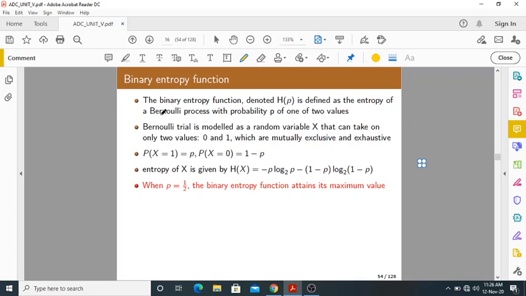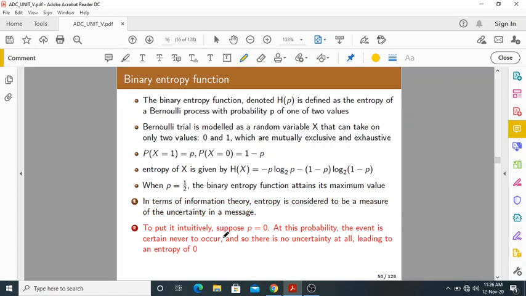Now as I told you in the last class, entropy will be maximum when all the given symbols are equiprobable. Since in the case of this Bernoulli trial we had only two symbols, the probability of each and every symbol is 1 by 2. Now suppose p equal to 0.